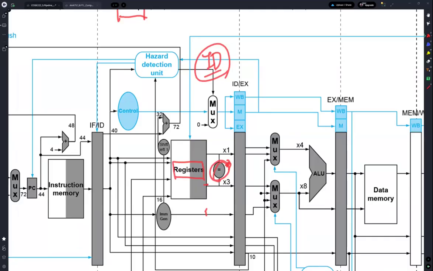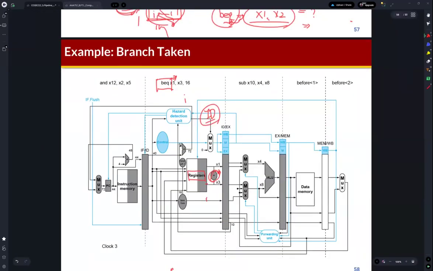So by using this solution, the branch is determined in the ID stage, whereas originally the branch is determined in the memory stage, right?